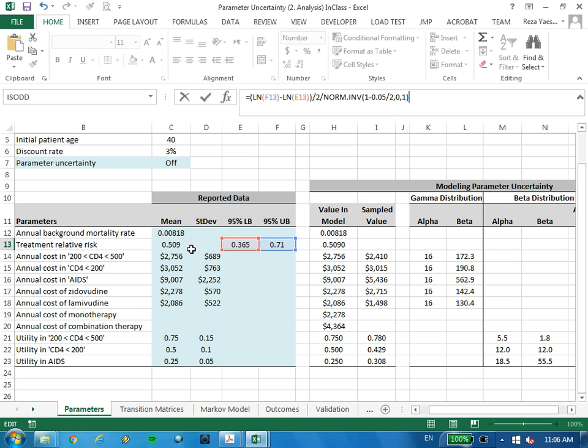Now we need to transform everything back into log normal so that I can take samples from log normal.